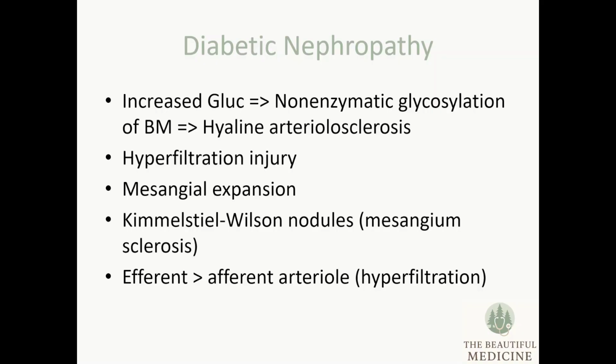So diabetic nephropathy. In diabetic nephropathy, you have lots of glucose. Those glucose molecules can glycosylate proteins, and if that happens in your kidneys, you're gonna have non-enzymatic glycosylation, no need for enzymes, it just happens, non-enzymatic glycosylation of the basement membrane.